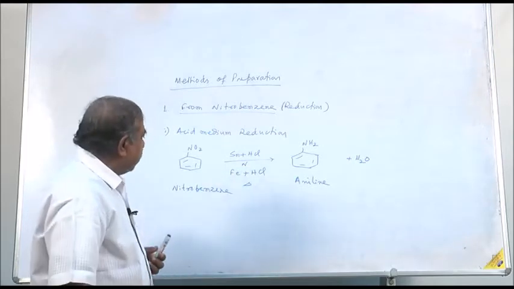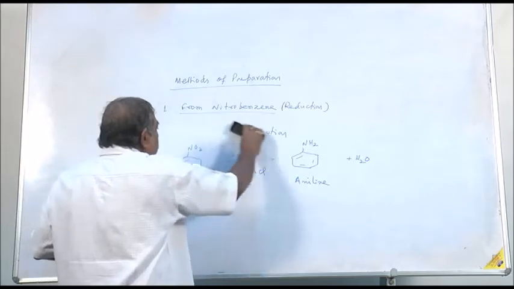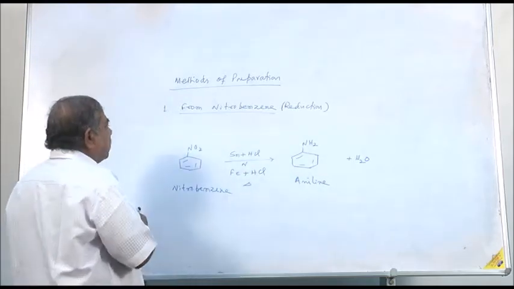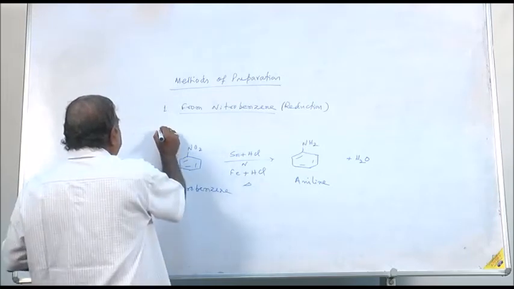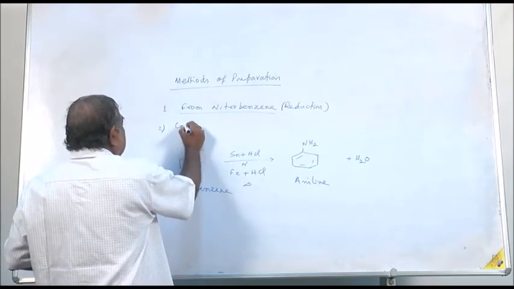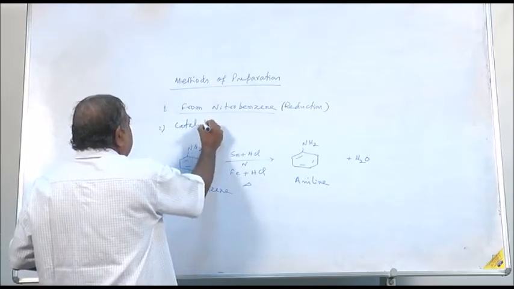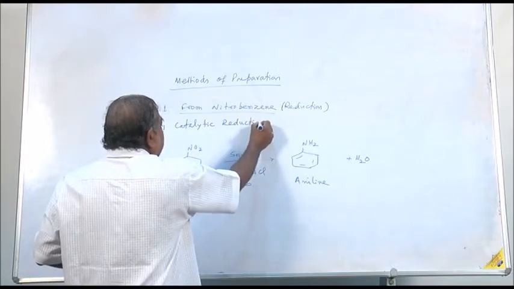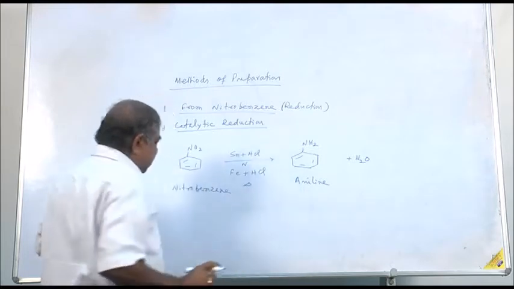There is another process to get aniline from the same nitrobenzene, called catalytic reduction. Here we use a catalyst.